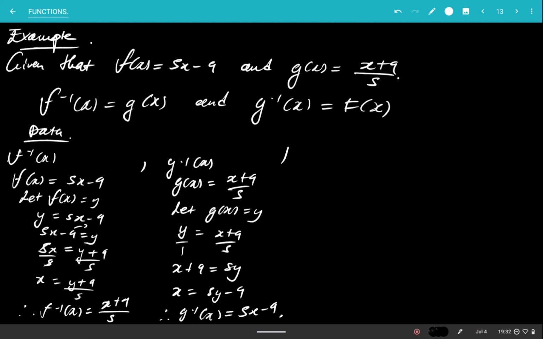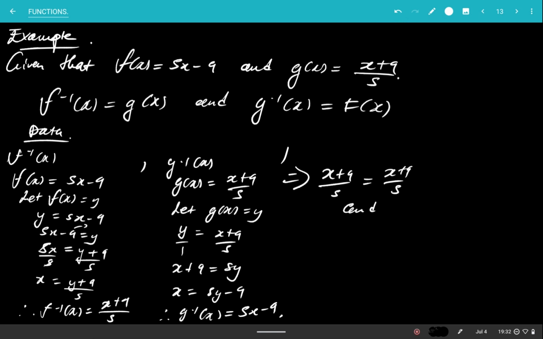Now, is the inverse of f equal to g of x? Let's try and prove that. So, if we substitute in our condition, f inverse of x is (x plus 9) over 5. Is it equal to g of x? G of x is here, which is (x plus 9) over 5. So it's equal.